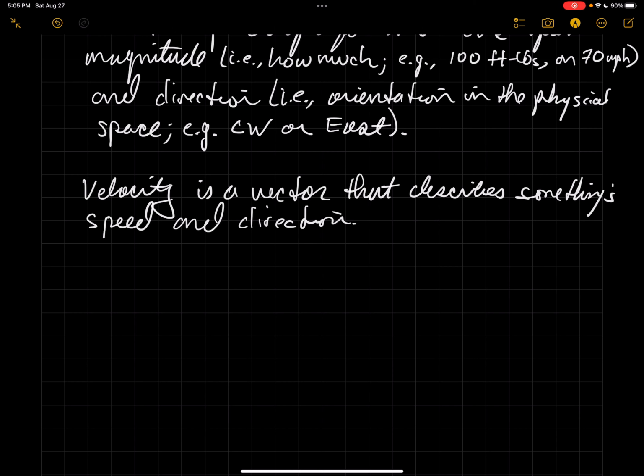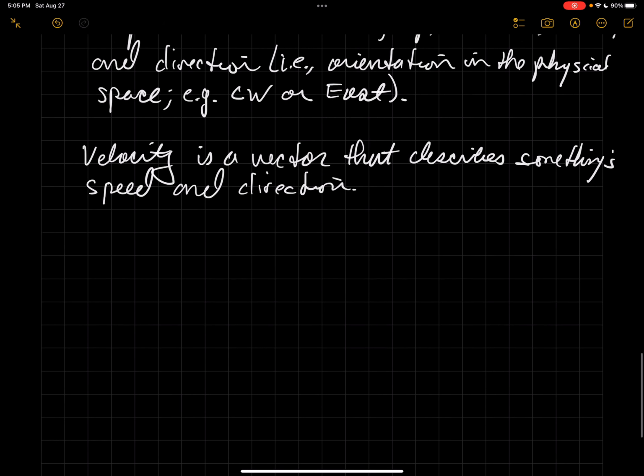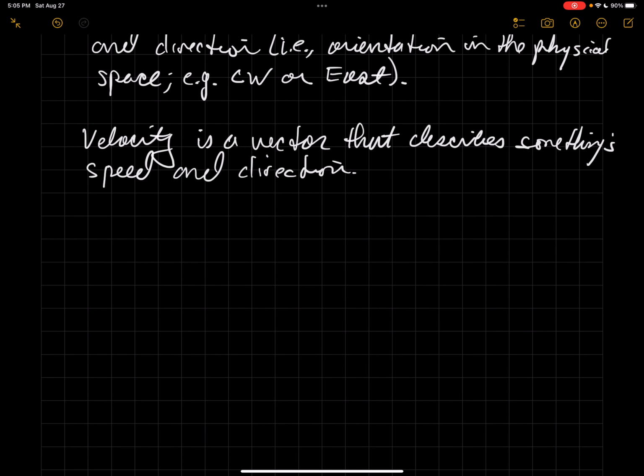So a velocity necessarily includes two pieces of information, both the speed, or the magnitude at which something is changing its position with respect to time, and the direction at which the object is moving through the physical space.